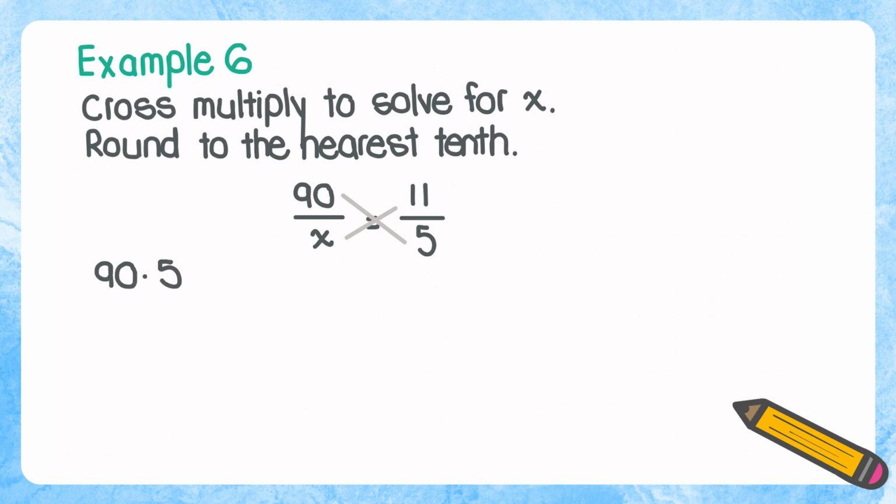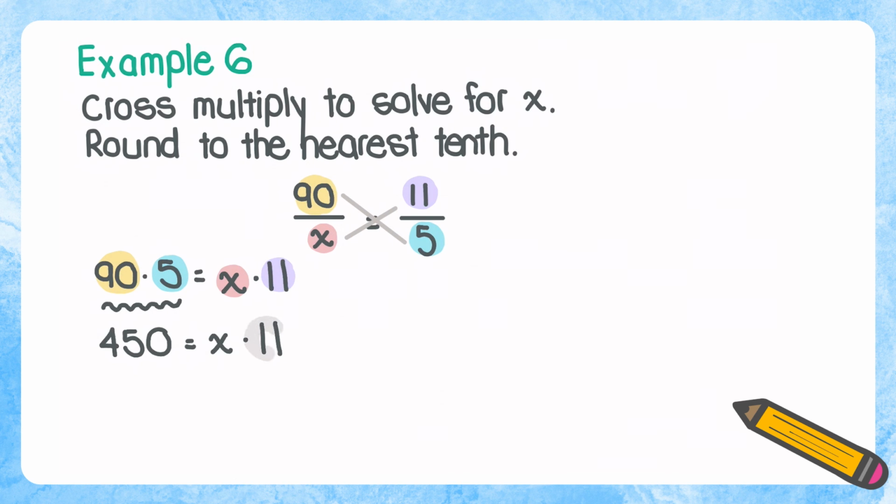And we can simplify this. 90 times 5 equals 450, equals x times 11. And let's get rid of this times 11 by dividing 11 on both sides.